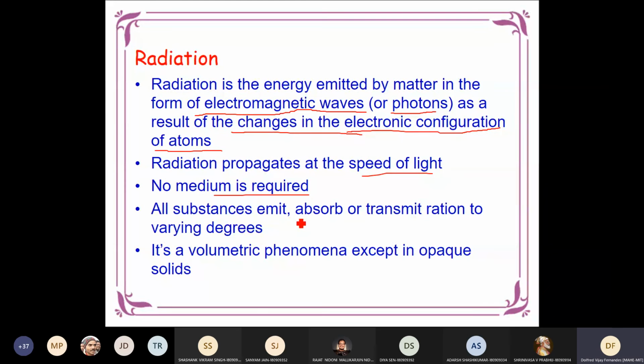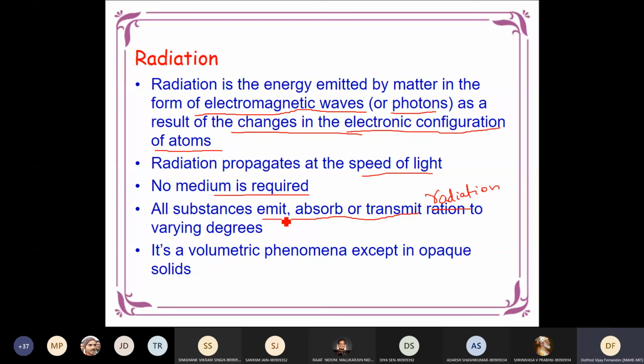All substances emit, absorb, or transmit radiation to varying degrees. This is a very big statement.